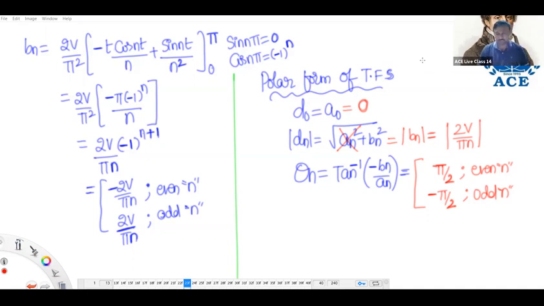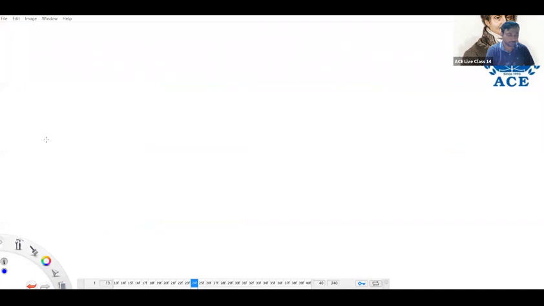So let us draw this spectrum, both magnitude and phase spectrum, which I am showing in the next slide. Let us draw the shape of the magnitude and phase spectrum, mod Dn and theta n.